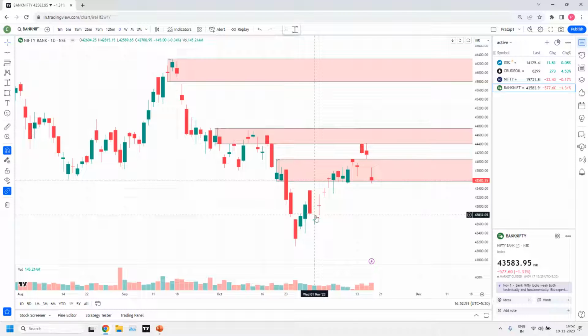Even after adding the invisible body, it is still a base candle. And after that you have one more candle. It is looking like a base candle, but if you add the invisible body, then the candle will start from here. Let me draw the blue color line to avoid the confusion.